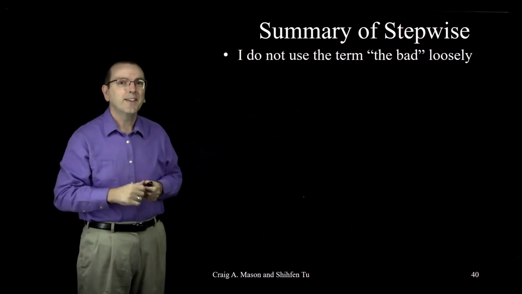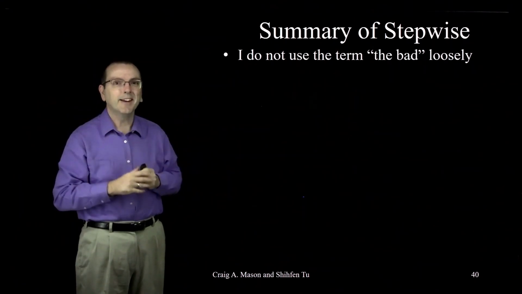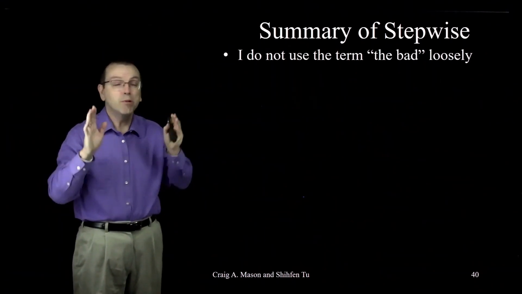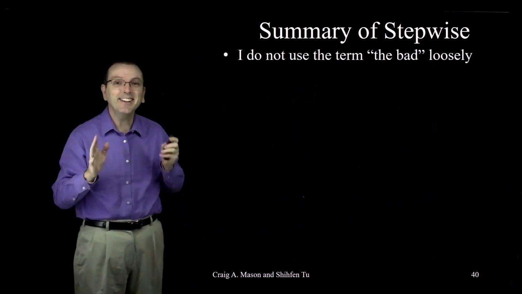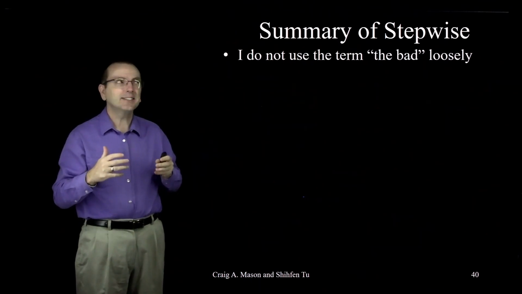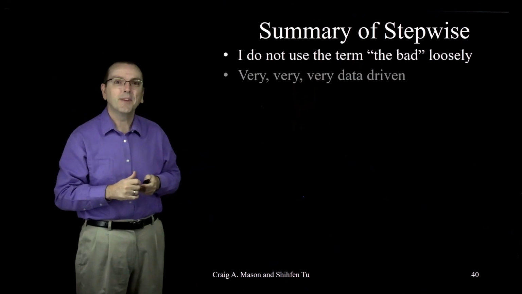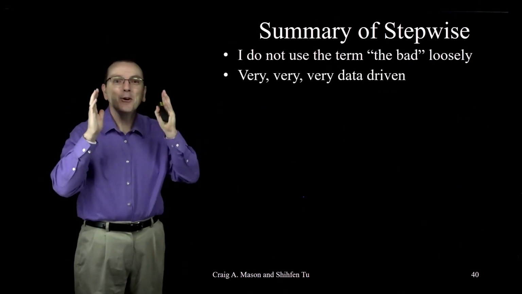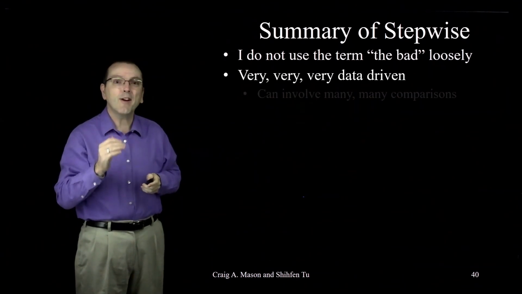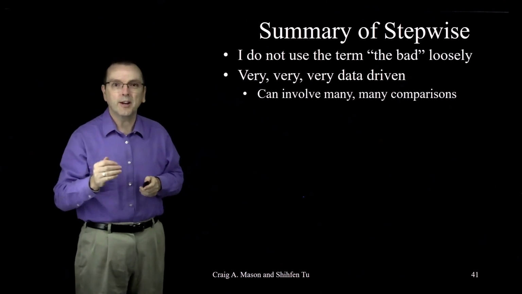Now, in summary, notice I started talking about this as the bad, and I do not use the term the bad loosely. It really is a problematic approach, and as such, it has fortunately fallen more and more out of favor over the years. This is incredibly data-driven. You're testing each variable over and over and over and over again.